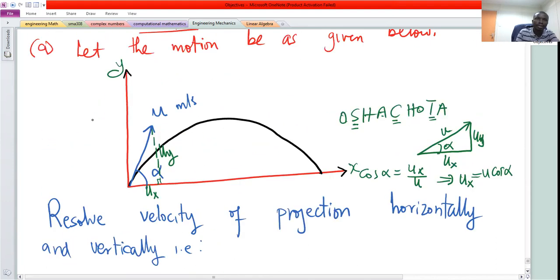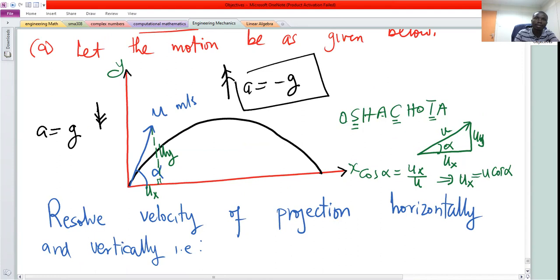And remember, this is a projectile motion, and the only force which governs this motion is the force of gravity. When the motion is downward, the acceleration is positive g, and when it is moving upwards, it's negative g, because it's in the opposite direction of gravity. Because this particle is thrown upwards, the acceleration will be minus g.